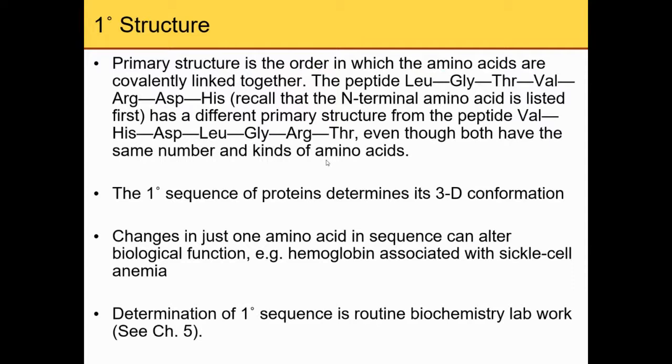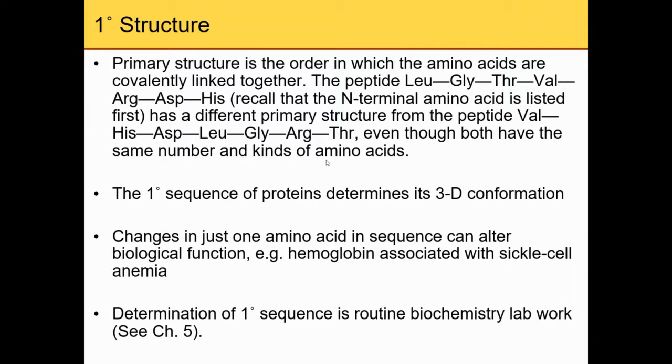So the primary structure is basically the amino acid sequence. The primary structure can be determined directly by the DNA sequence. The DNA sequence can be translated directly to the amino acids, and that would be the primary structure.